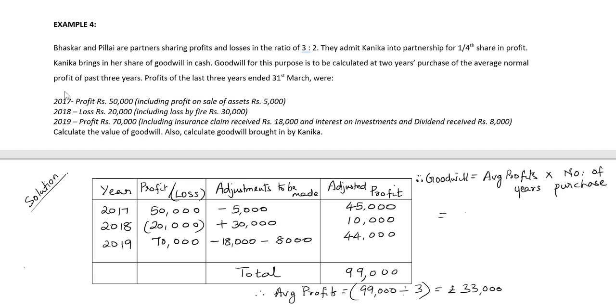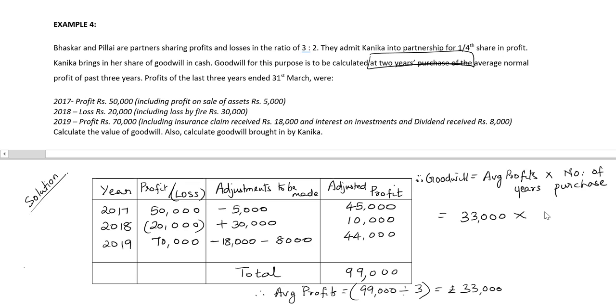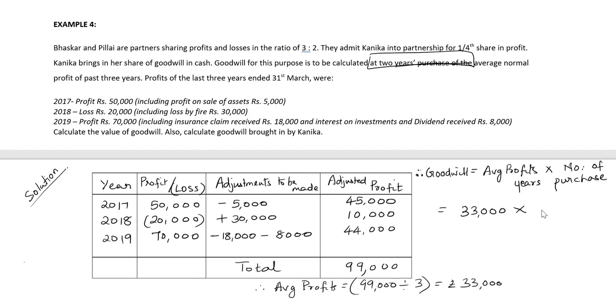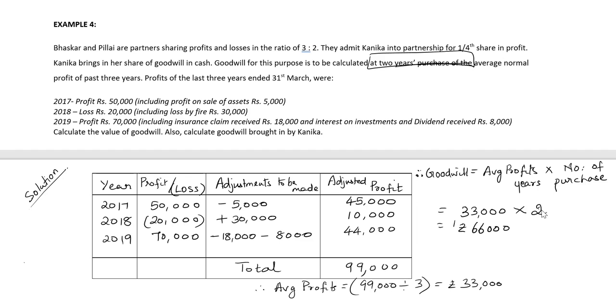Which is equal to rupees 33,000 into, it says that goodwill is to be calculated at 2 years purchase of the average profits. So into 2, which is equal to rupees 66,000. This is the goodwill of the firm.